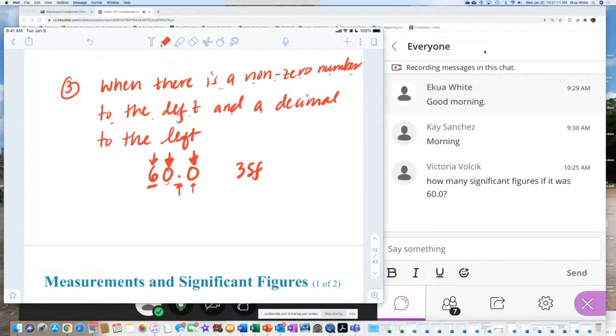So let me give you guys a hypothetical question. If I say 1003 point 0.00. How about that? I know, I just had to throw that in there. Okay, what do you guys think? How many significant figures do I have in this number I just made up?